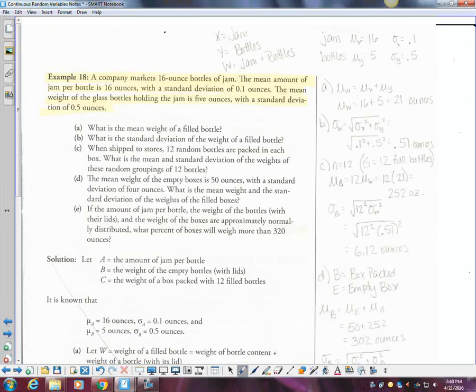Okay, so off to the side with a pencil or a pen, I'm going to declare my variables. So x is going to equal jam, or you could do j if you wanted to. Y is going to equal bottles. And W is going to be the jam in the bottles.